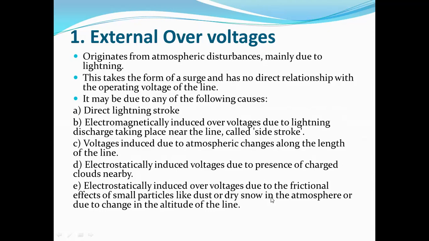Okay, so it suddenly increases and it is not checking what is the line voltage for the transmission purpose or for the distribution purpose. It is not checking whatever be the operating voltage of the system. It is just increasing the voltage to its highest value. Okay, so there are different causes of these over voltages.